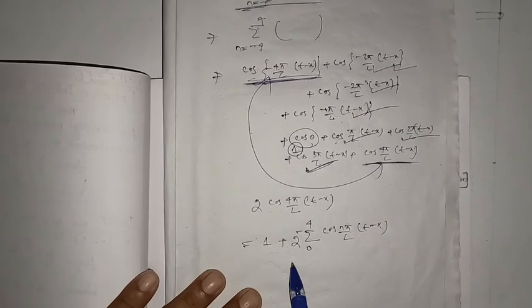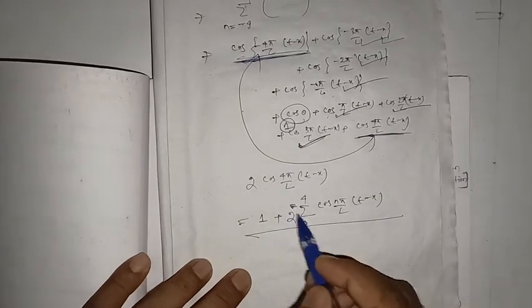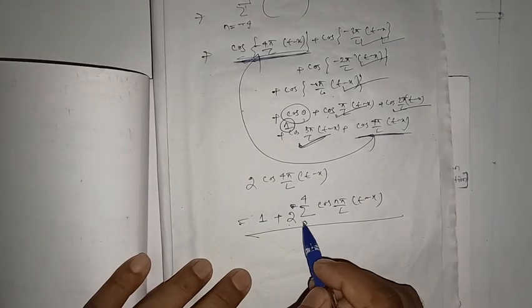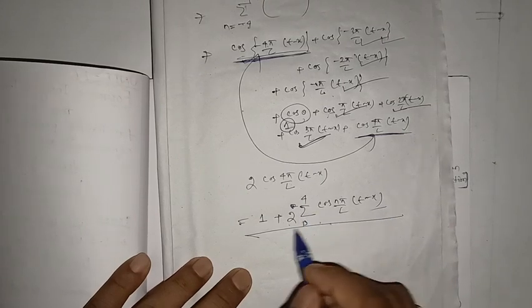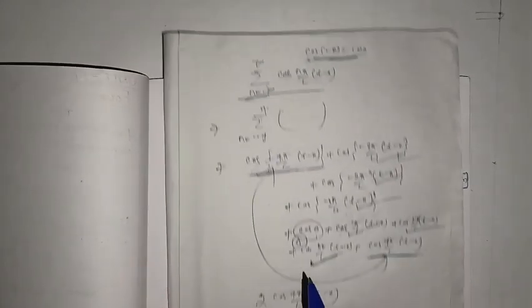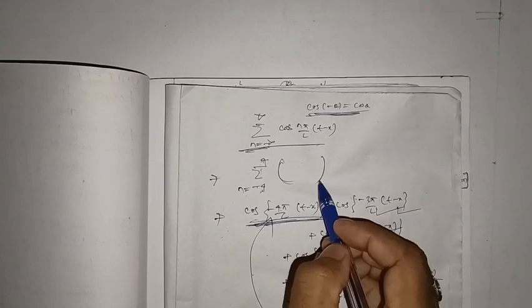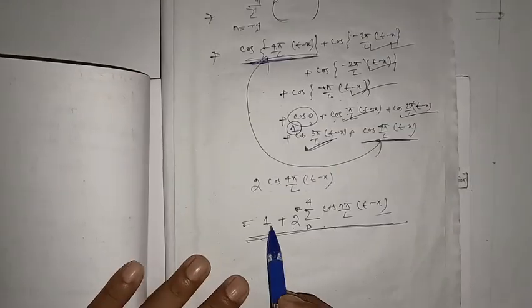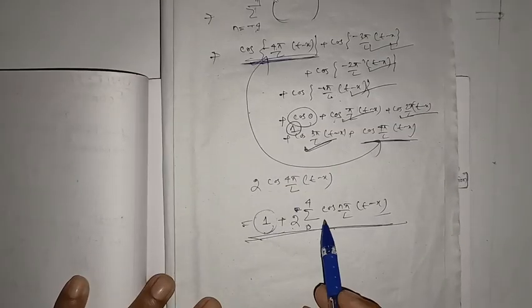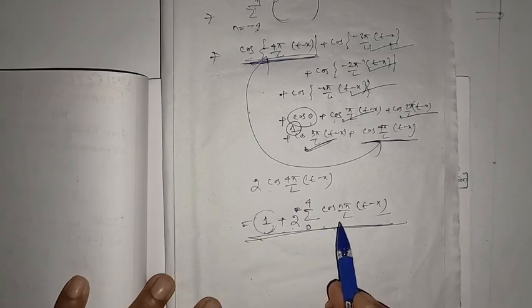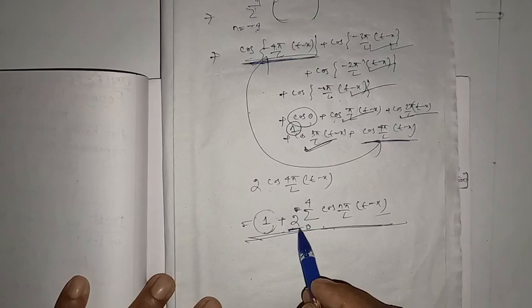Same. This 2 into 0 to 4 can be written as minus 4 to 4 this much, because if I expand, I find 1 for cos 0, and the minus term and plus term will add up and be multiplied by 2.